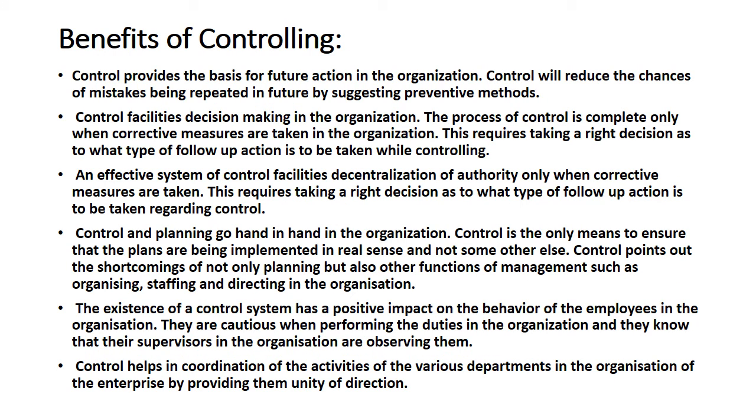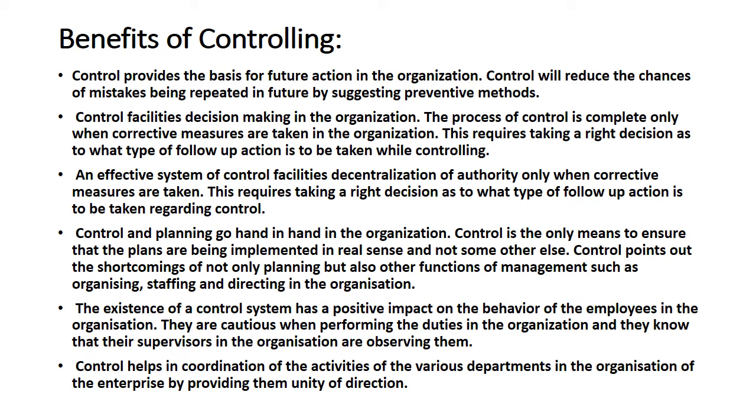Let's see some of the advantages or benefits of controlling. Control provides the basis for future action in the organization, and control will reduce the chance of mistakes in the future. Control facilitates decision making in the organization, so this is closely related to planning. This requires a right decision on what type of follow-up action is to be done.